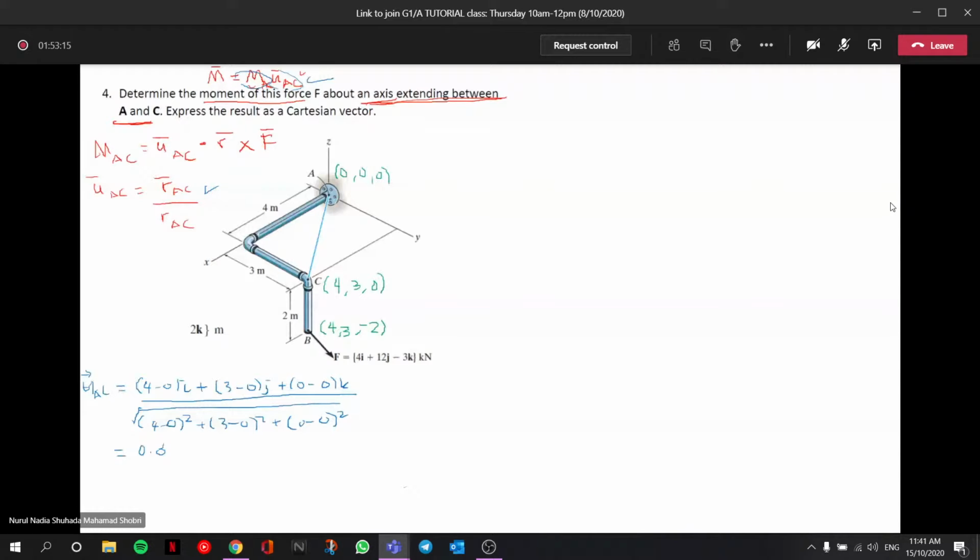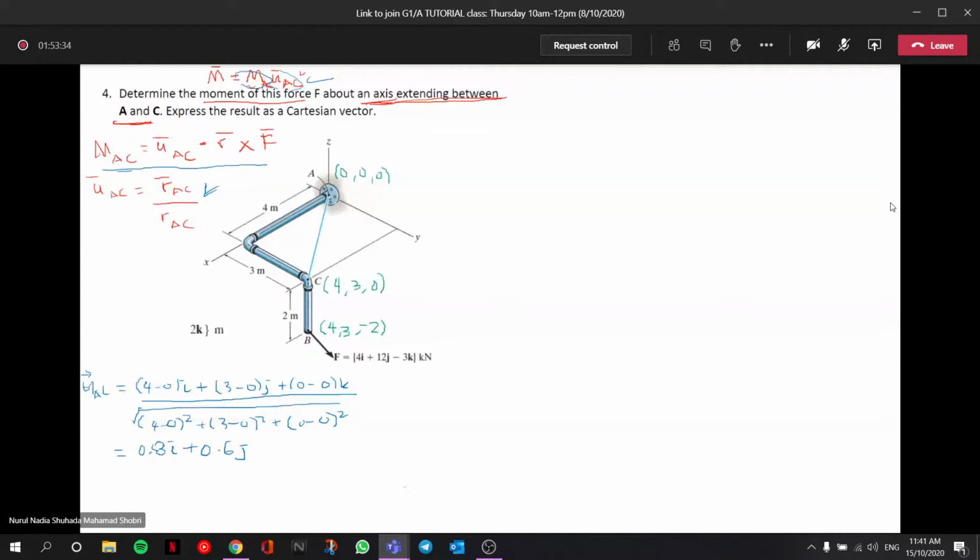You will get the value of vector UAC equal to 0.8 i plus 0.6 j. Okay, so we already have this value and now we have to settle this part.